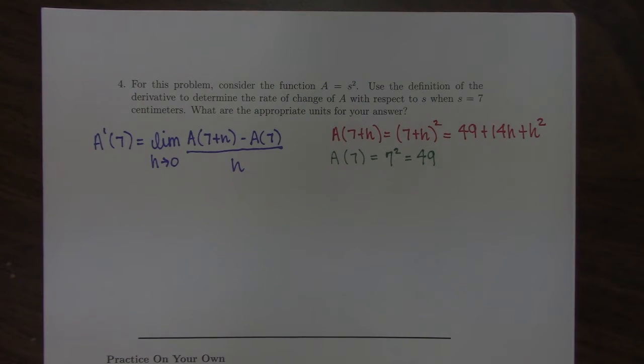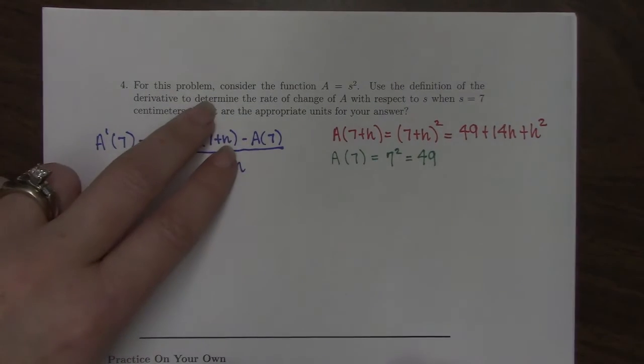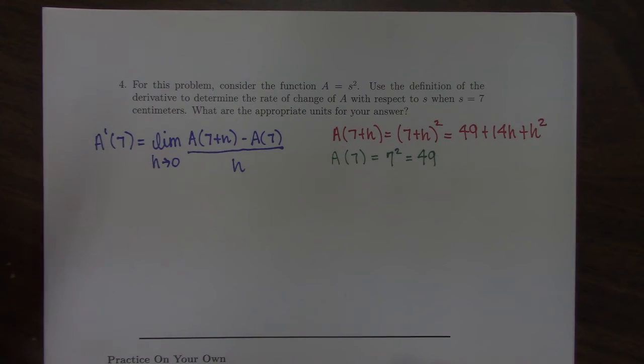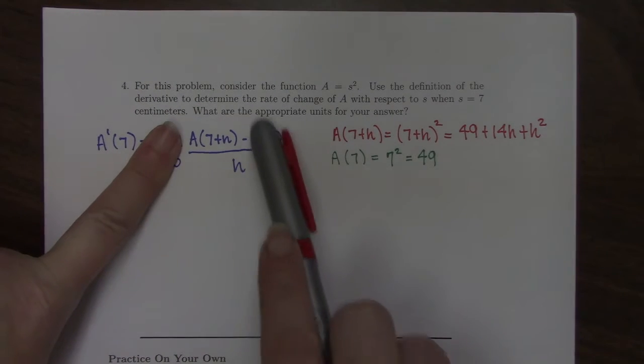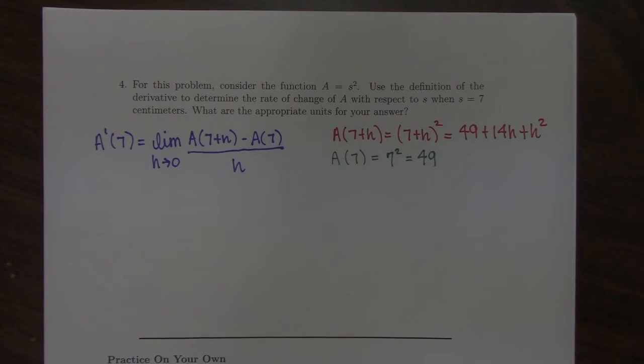So now I can simplify my difference quotient. The next thing I'm going to do is show you what may be easier than putting this information directly in the limit and doing algebra. We have an alternative. I can actually simplify the difference quotient and then set up the limit.